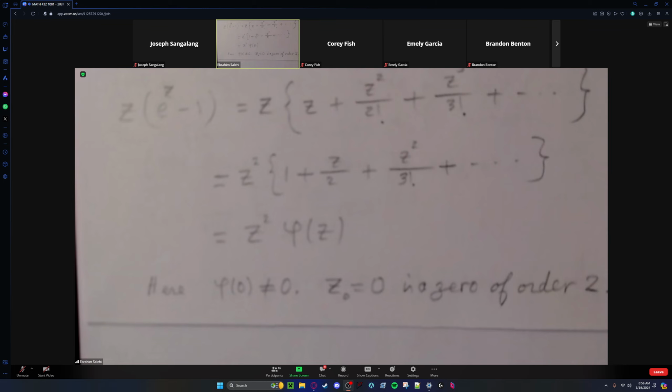All right. Also, writing the Laurent series or Taylor series will help us to find the order of zeros. Any comment, any questions so far?